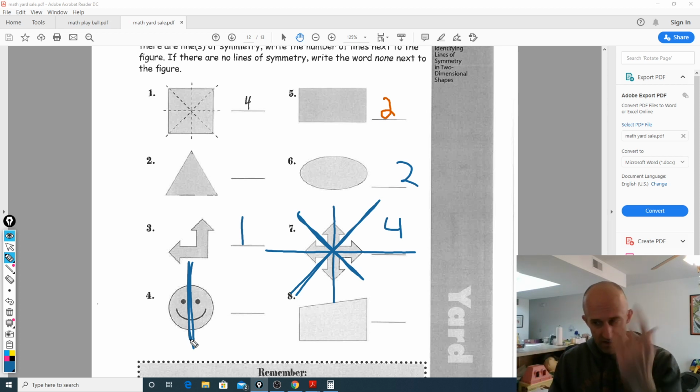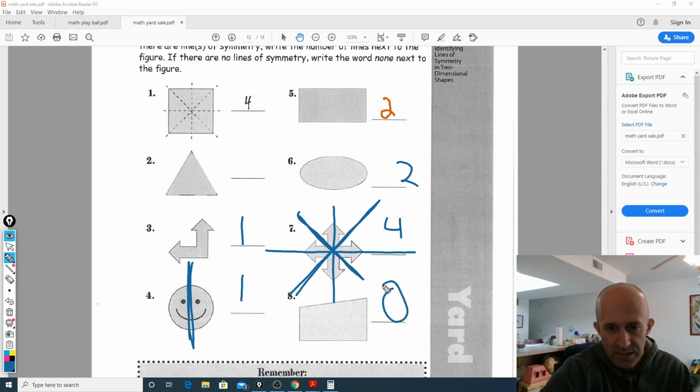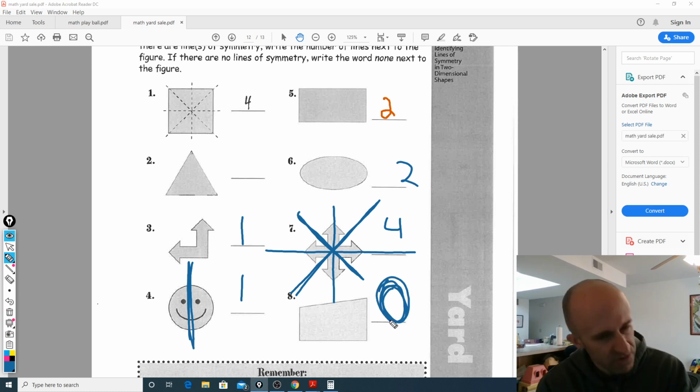The answer is it would, with only one line of symmetry. So number four should be one. Number eight would have zero. That is a big fat zero. It's a funky looking figure. There are no lines of symmetry on that.